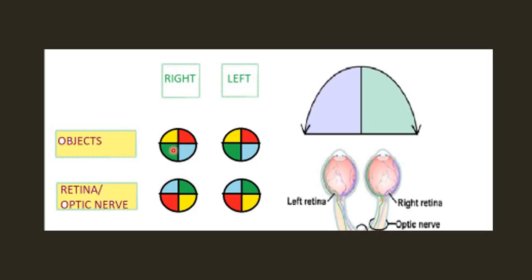Not just that, the image of the left side of the object is formed on the right side of the retina, and the image of the right side of the object is formed on the left side of the retina. For example, the red colored field shaded here corresponds to the left upper field of the visual field. The image of this part of the object is formed on the right lower aspect of the retina.